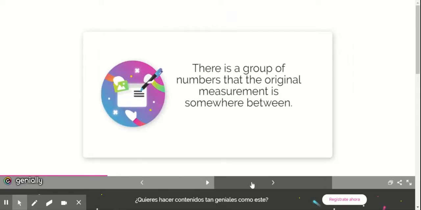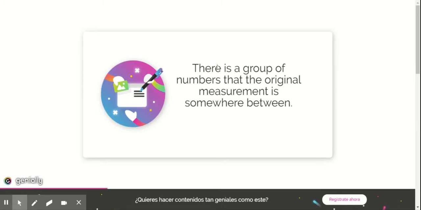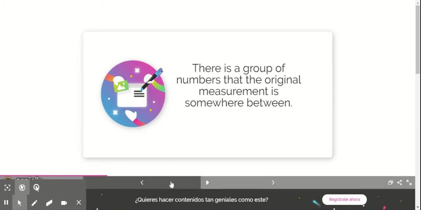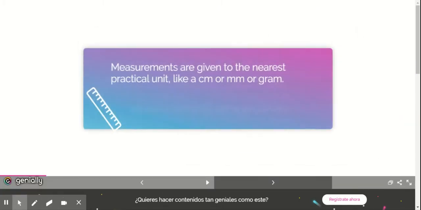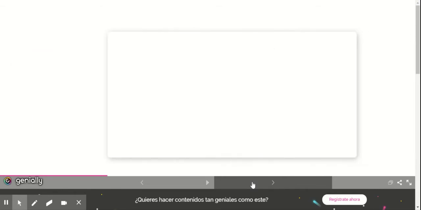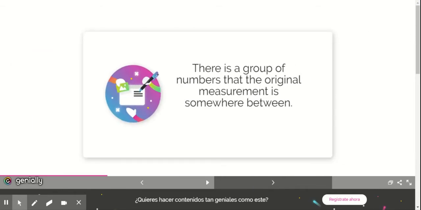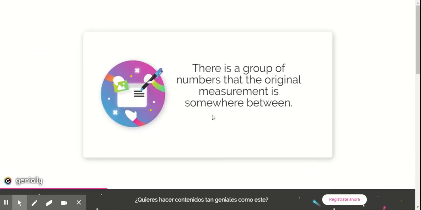Let's continue a bit more. This is a group of numbers that the original measurement is somewhere between. That's why I wrote in the previous part that as these measurements are approximate, there is a group of numbers that the original measurement is somewhere between.